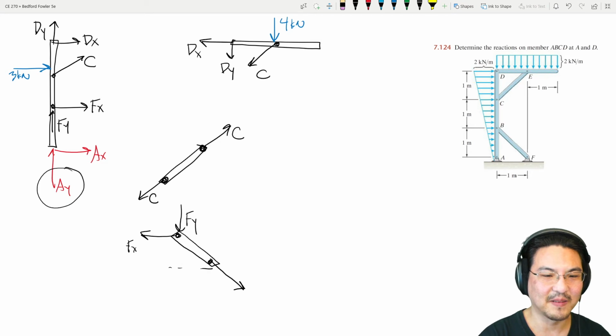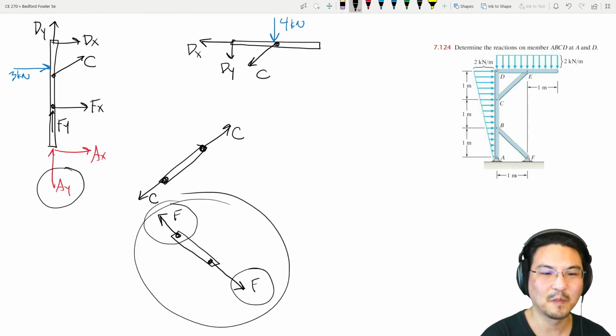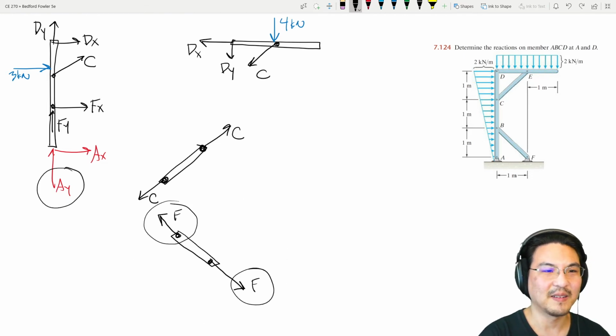Okay, so instead of like that, I'm just going to draw it along the axis. And this is known, which means this is also known, right? Because this is a 2-force member. And then, instead of drawing it like this, I'm going to draw it equal and opposite.